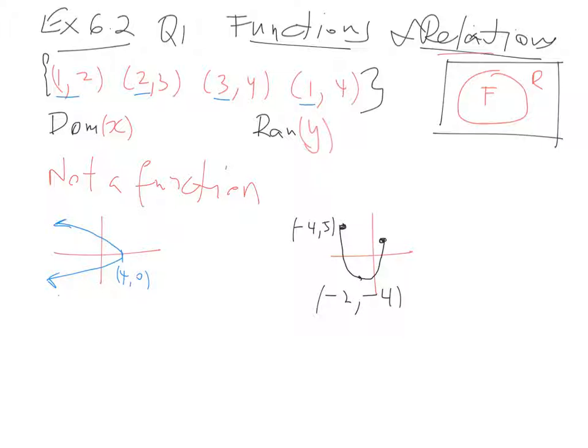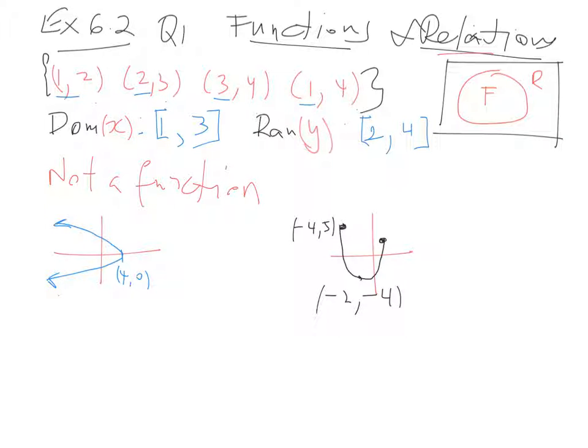So this relation goes from 1 all the way out to 3, and it includes both of those numbers. Likewise, the range, the y values, 2, 3, 4, and 4. So it goes from 2 and it goes out to 4. So they're included as well.